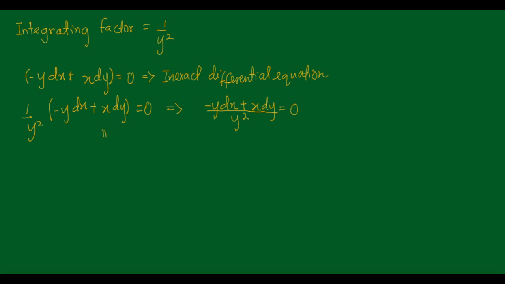Or we could simplify it term by term by writing this as minus y divided by y squared dx, sorry, there's a missing dx here, plus x dy divided by y squared to be equal to 0. So this means minus 1 all over y dx plus x all over y squared dy will be equal to 0.